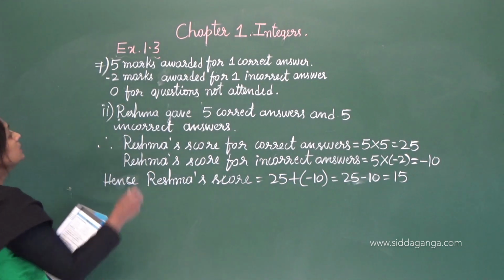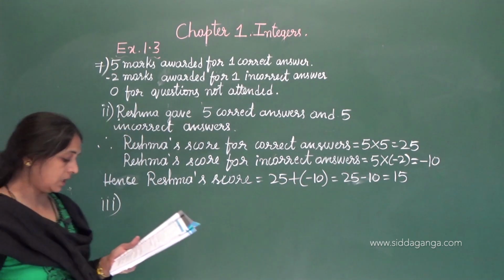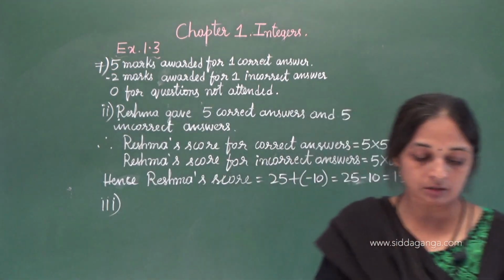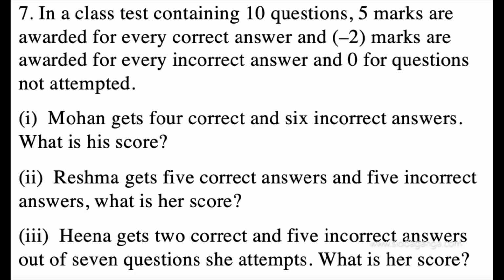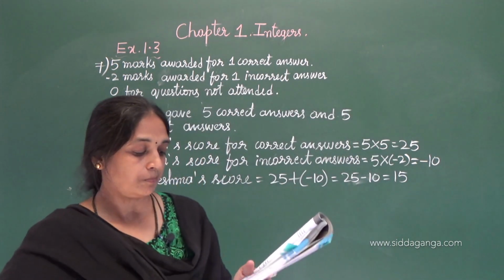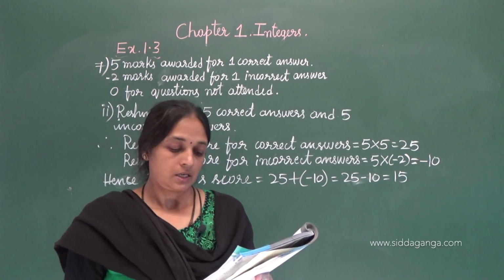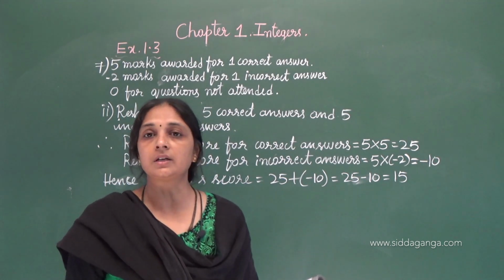Okay. Then the third question is, I read the third question. Look into the book. Hina gets 2 correct and 5 incorrect answers out of 7 questions she attempts. What is her score? Here we have a different question because Hina gave 2 correct answers and 5 incorrect answers.